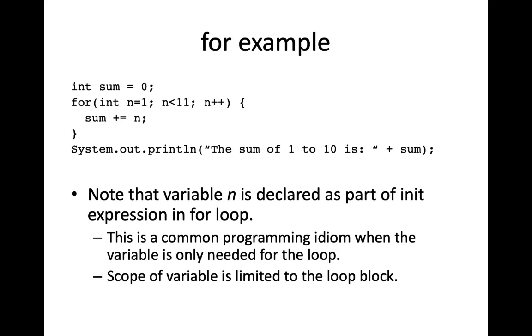That helps reduce bugs and keeps my local variable useful only where I meant it to be useful, right? So here I'm initializing my integer n to be 1. That's my initialization statement. My test is whether n is less than 11. My block of statements adds n to sum. And then to update n, I do n++ to increment n. And then I keep doing that 10 times, right?